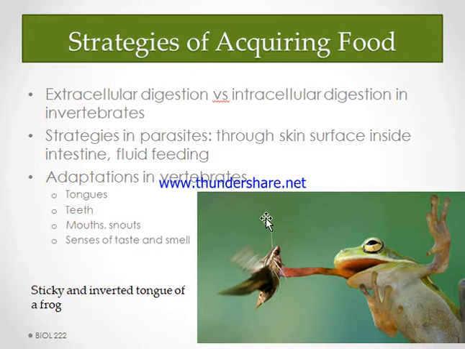Then we also talked about the strategies of animals in acquiring food, like extracellular digestion versus intracellular digestion in invertebrates. For example, sponges use intracellular digestion by amoebocytes, and hydra, like cnidarians, do extracellular digestion by releasing enzymes into the body cavity.